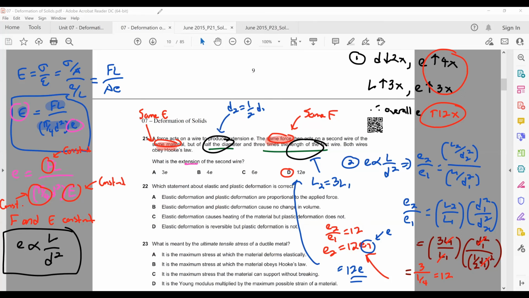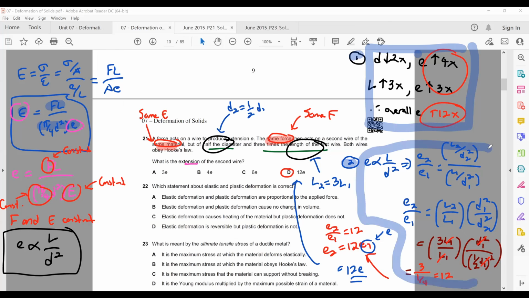So you have two different ways of doing this. Either you do this or you do this. Frankly speaking, this one is the faster, most straightforward one, but this one here is the most tedious one. It really depends on which one you are more familiar with.